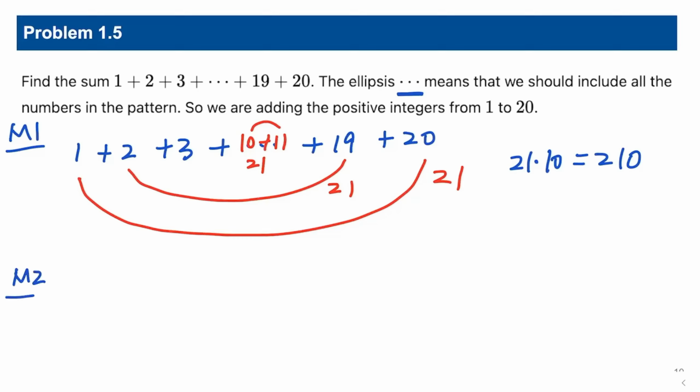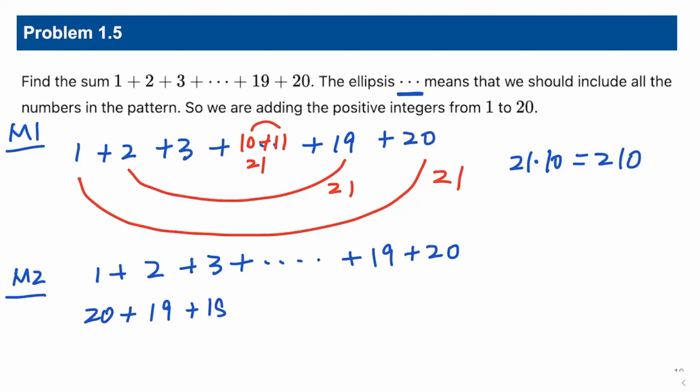Method 2. We want to calculate 1 plus 2 plus 3 plus and so on, plus 19 plus 20. We're going to rewrite this expression in a slightly different way. We write it as 20 plus 19 plus 18 plus and so on plus 2 plus 1. This is the same as the first one.